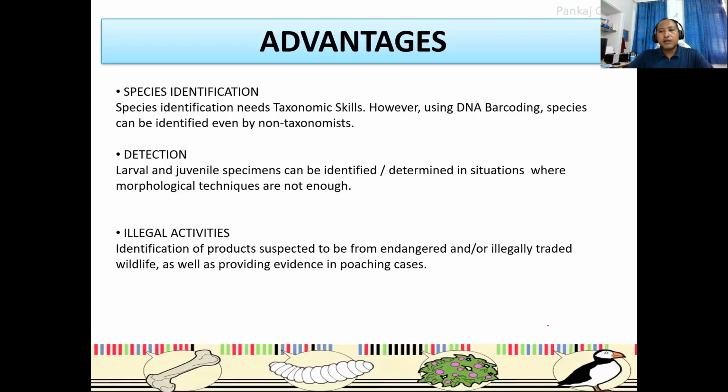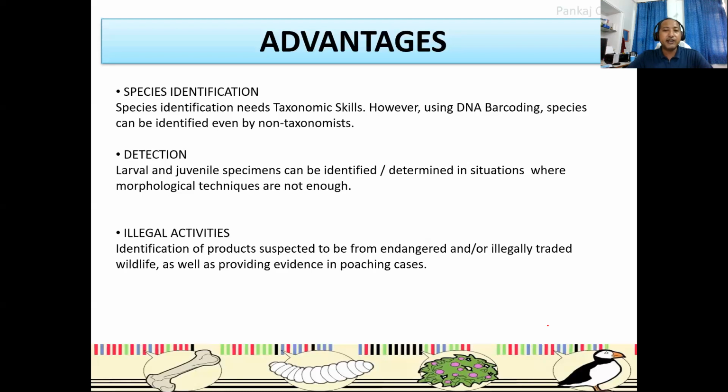Then DNA barcoding can help in checking illegal activities, like timbers can be easily identified, and some forest products can be easily identified.